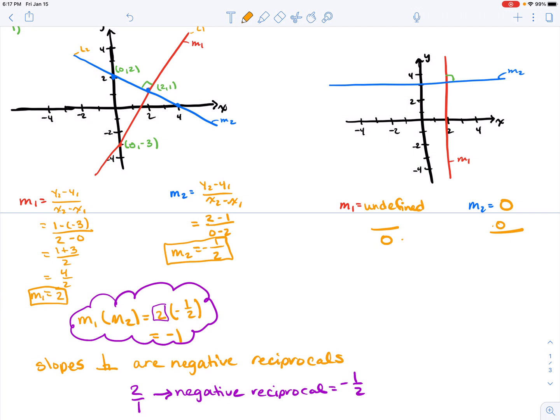And it doesn't matter if it's a negative reciprocal or not with those, because with M2 equaling 0 as the slope and M1 being undefined, these are considered negative reciprocals because of this fact that we have a zero up here and a zero in the denominator for the other one. So because these zeros, again, are on opposite sides, they're considered negative reciprocals.